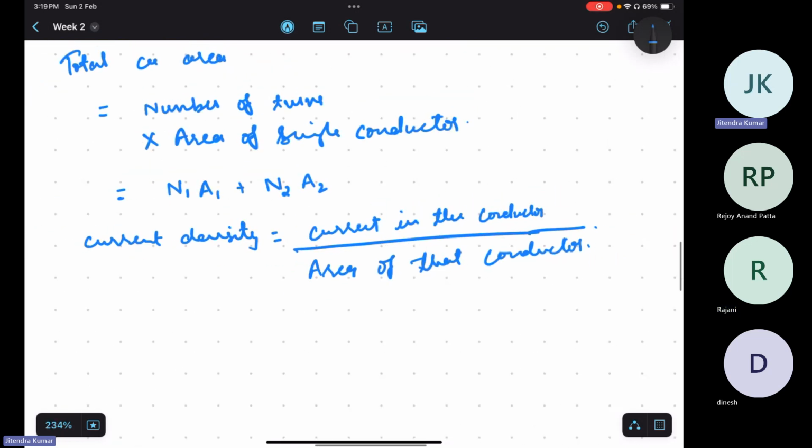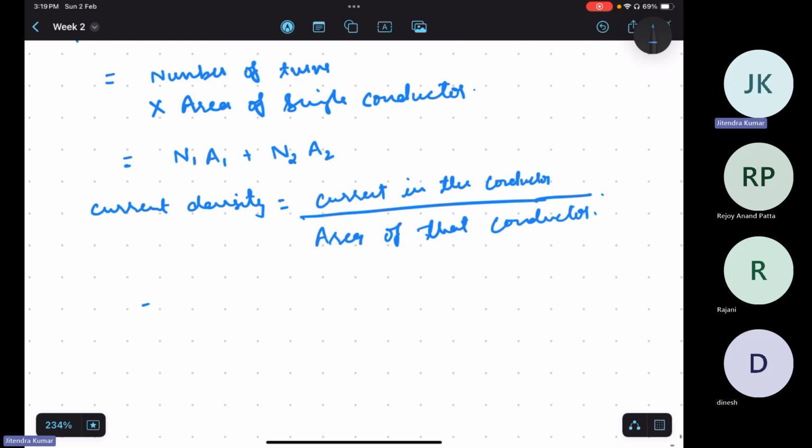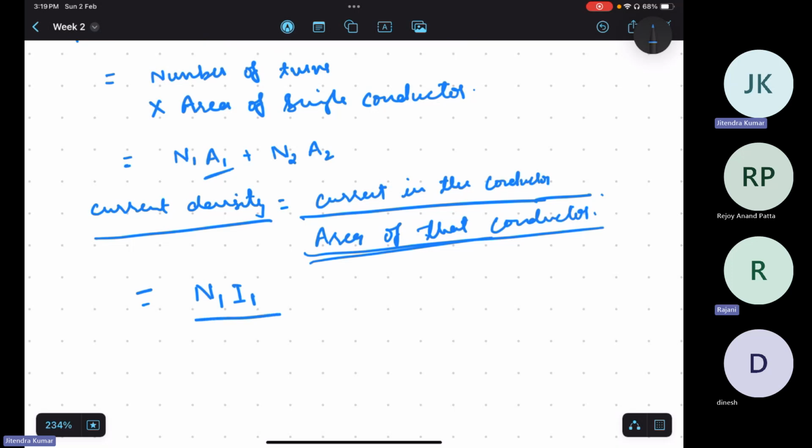Now, we know that the area of that conductor is A1 here, right? And we know the current density, and we will manipulate this equation into N1 into I1 by the current density of the primary conductor.